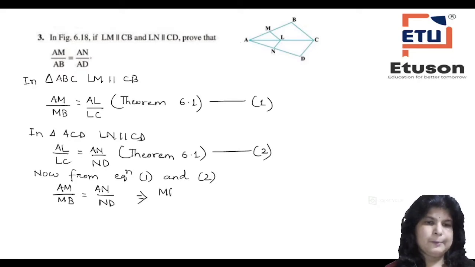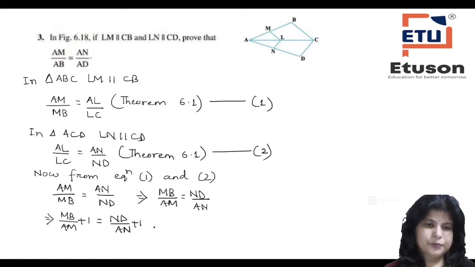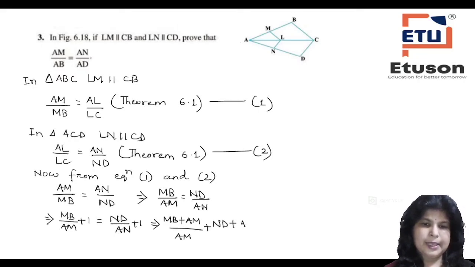So now what we will do, we'll find the reciprocal and we can write MB by AM is equal to ND divided by AN. Okay. So next we will add 1 on each side. So you get plus 1 here and plus 1 here. So it implies you will get MB plus AM divided by AM equals ND plus AN divided by AN.